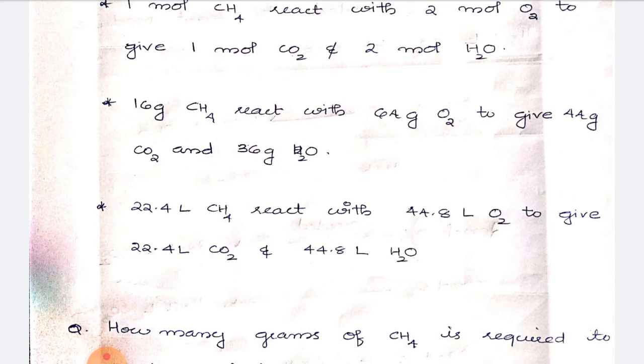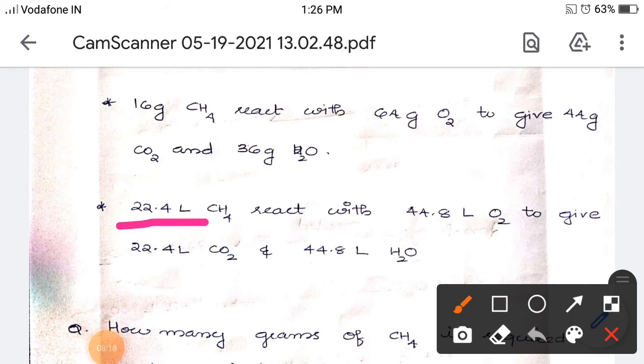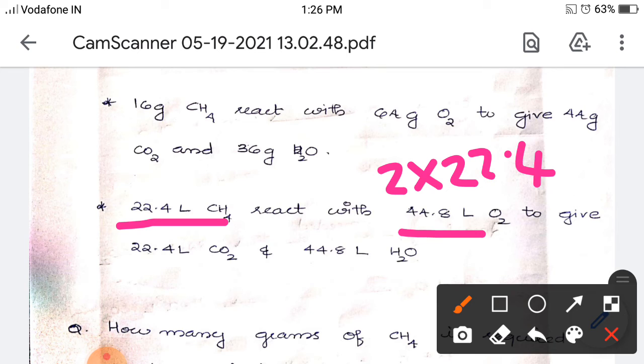Now the last one, you can express like this. There is 22.4 liter CH4 reacting with 44.8 liter O2, that is 2 into 22.4 liter, to give 22.4 liter carbon dioxide and 2 H2O, so 2 into 22.4 liter.